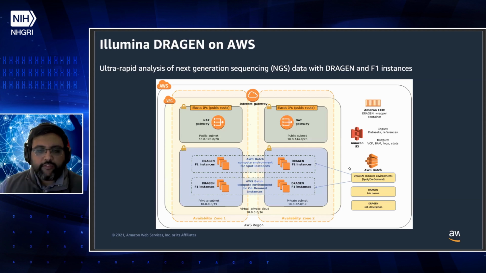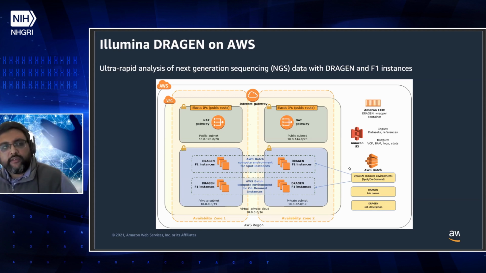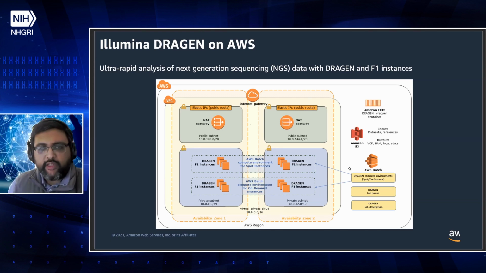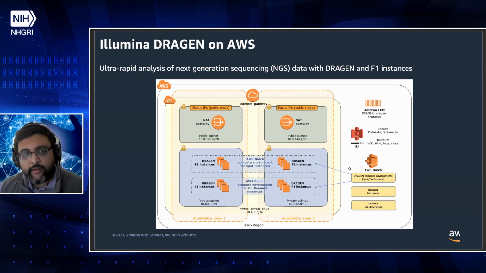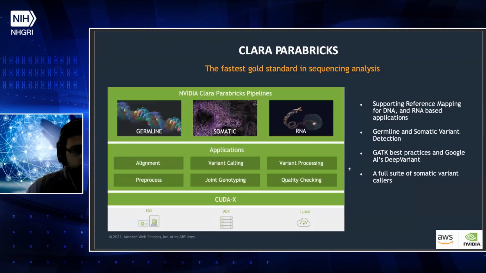Similar example of how AWS is helping innovate in this space is our relationship with Illumina, right? So the Illumina Dragon Suite, I think everybody is aware of, anybody who's working in genomics is aware of what Dragon provides. And working with Illumina and the FPGA F1 instances that AWS provides, you can accelerate the entire Dragon Suite to be able to run faster in a cost-performant manner in the cloud.